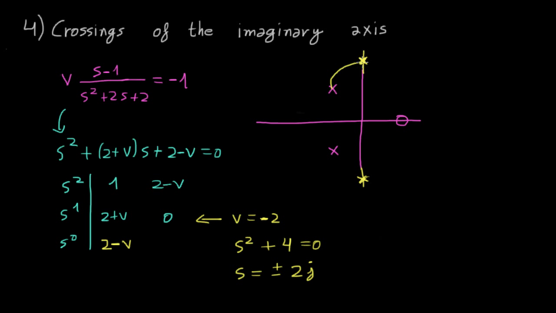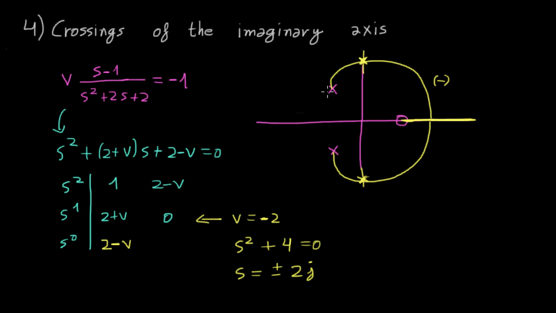So if we draw the whole thing, this is the negative root locus with its branch in the real axis.